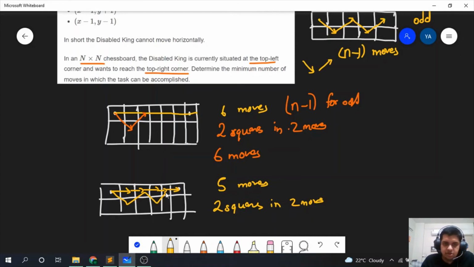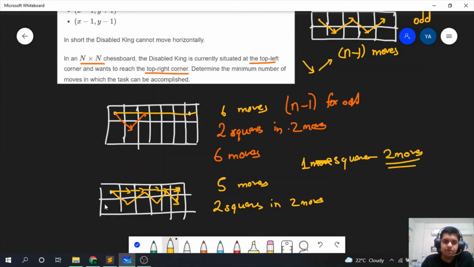Now he has to cover this 1 square, but he cannot do it in one single move. So for this one square, he will require 2 moves. So 1 below and 1 straight up. So for the remaining 1 square, there will be 2 moves. So there is one extra move over here.